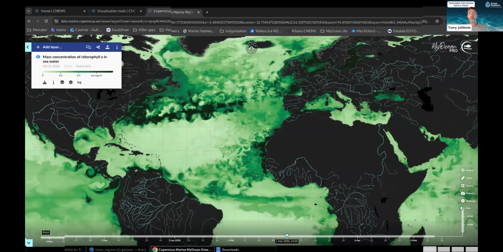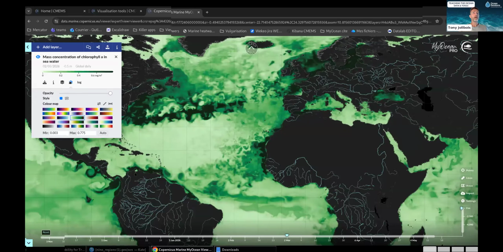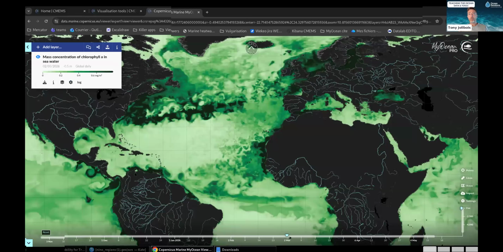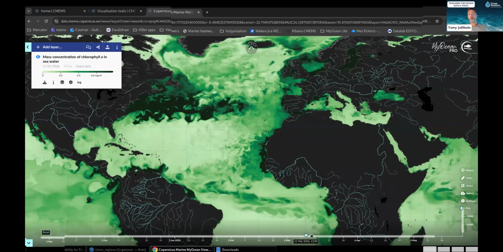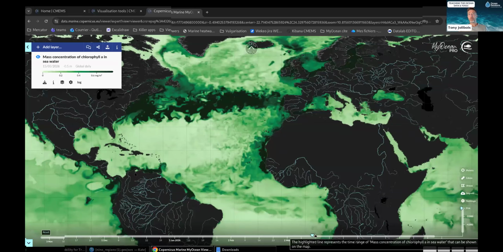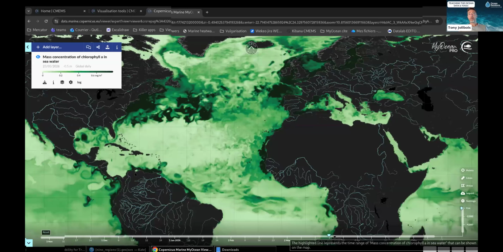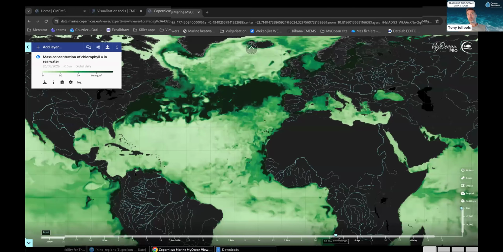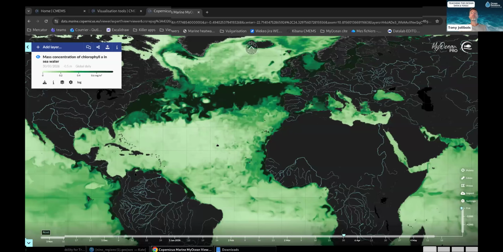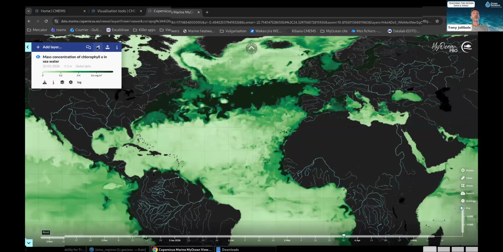So here, okay, we are at the beginning of March, and if I navigate toward the spring, you can see the rise, the bloom of phytoplankton here. So what can be cool is to generate temporal animation on that.